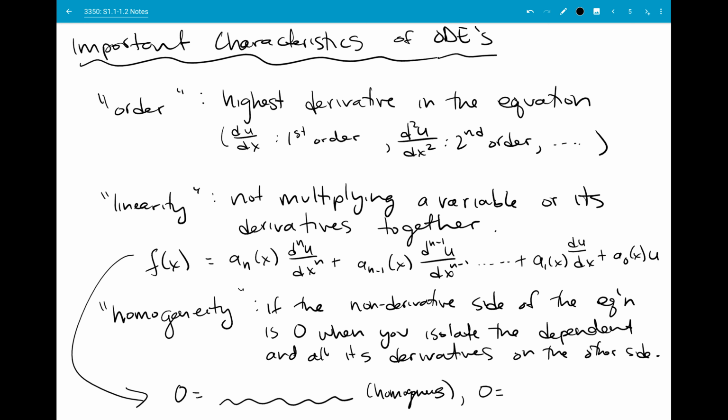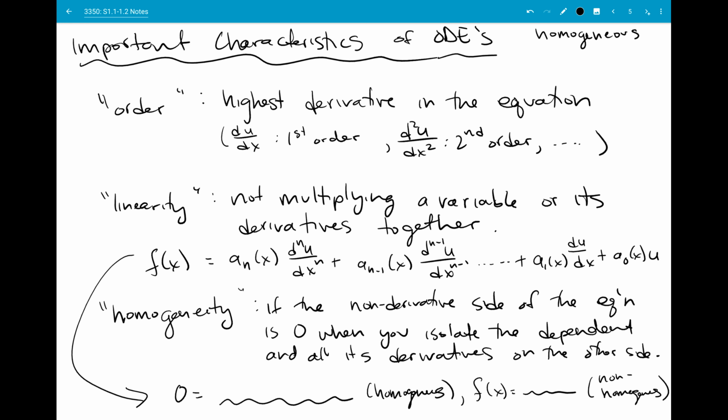And f not equal to 0 equal to all that same stuff would be non-homogeneous. And if you really care about spelling, I guess that wasn't very helpful to you.